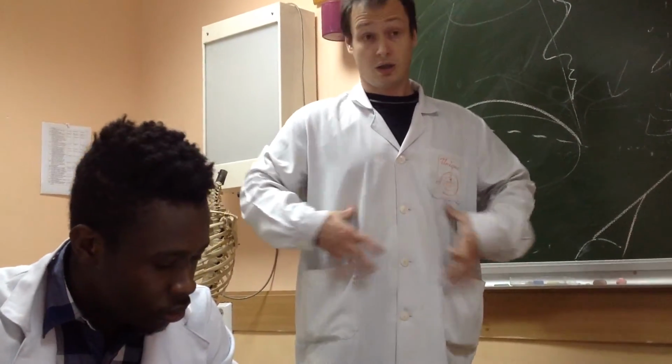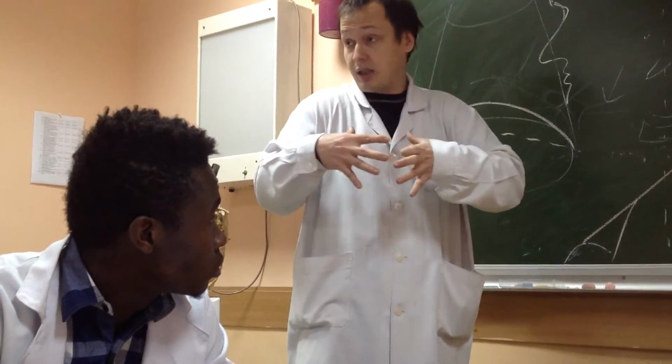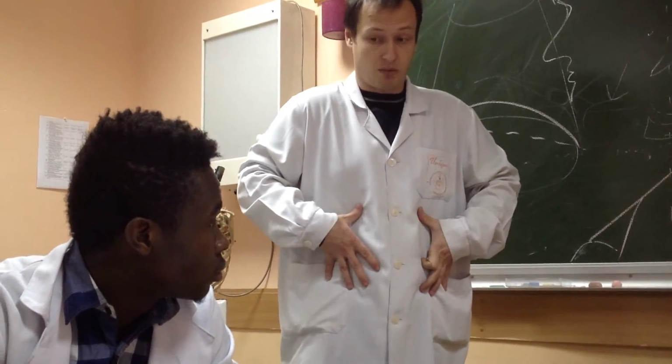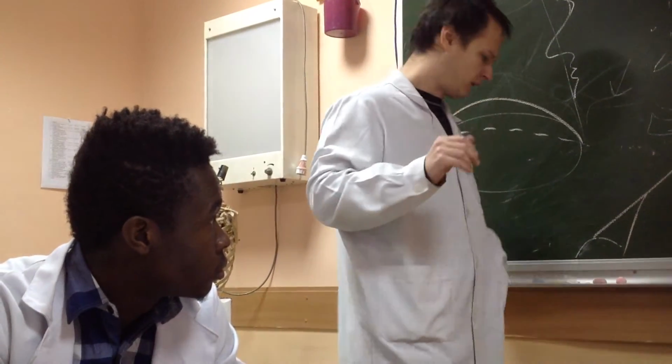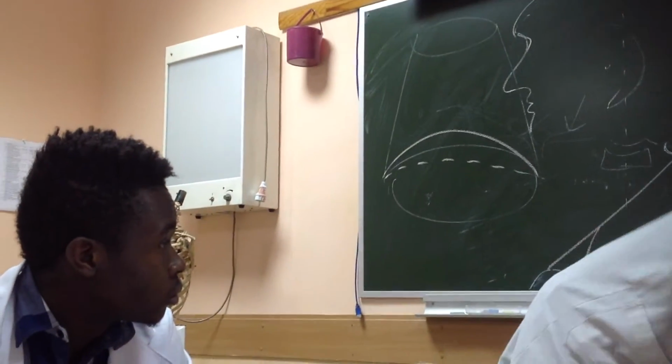Understand? What is the function of that muscle? Only making pressure, making a shield of the abdominal wall. There is a lot of philosophy, no need to look at this practically.